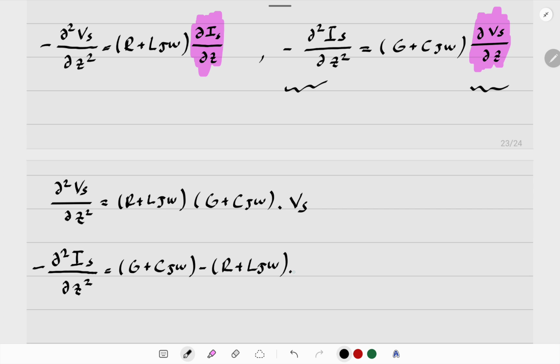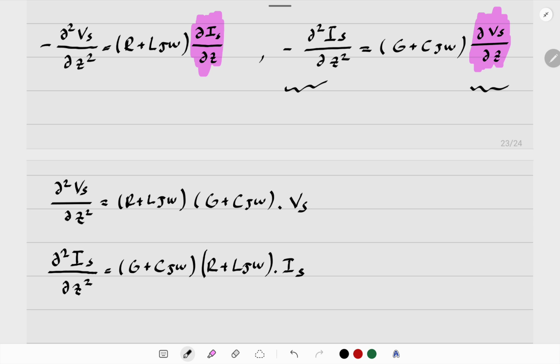I think you are going to see what we are going to end up with. So same position, we get rid of these minuses over here, and we can also just simply delete it for the right side and for the left side as well.